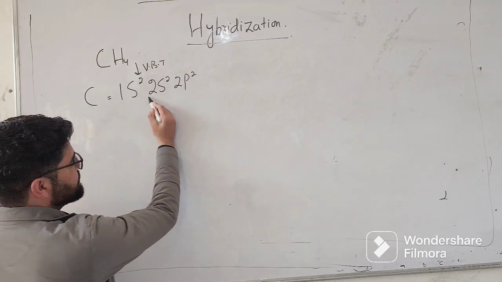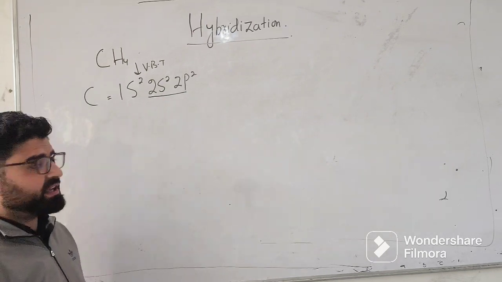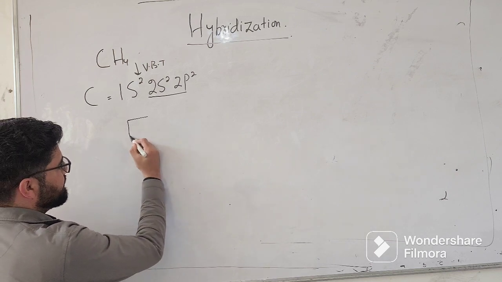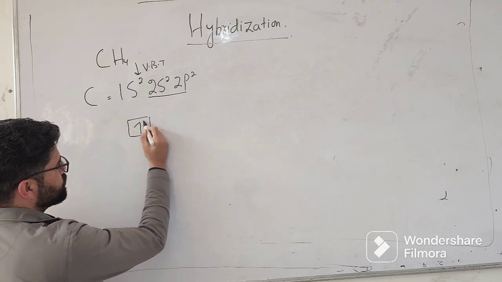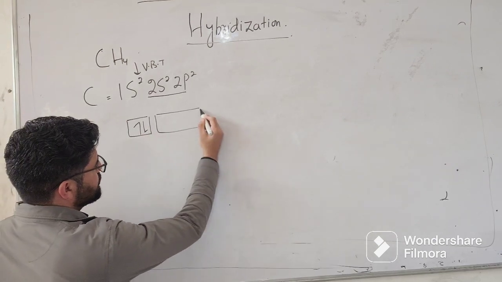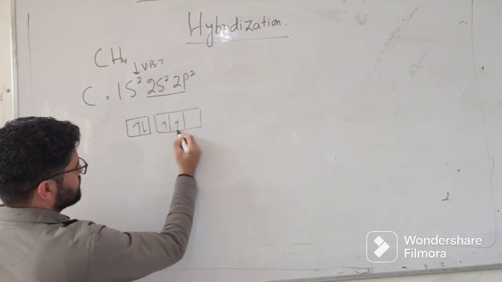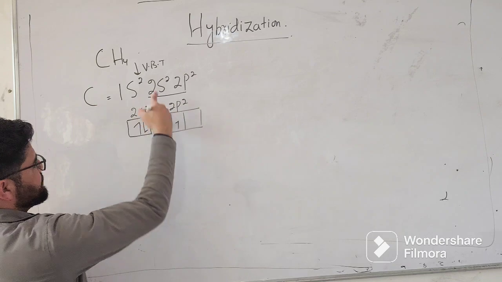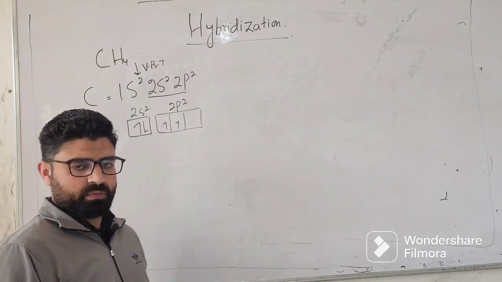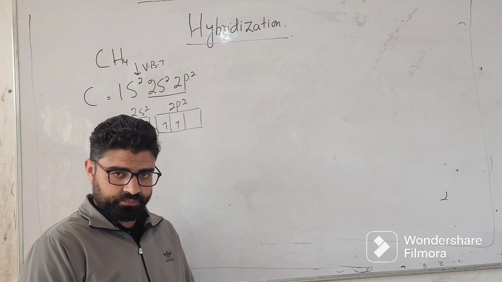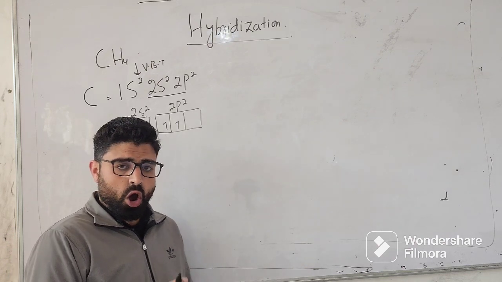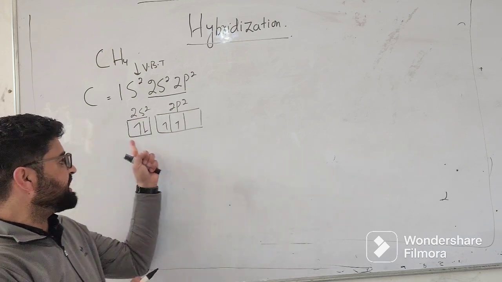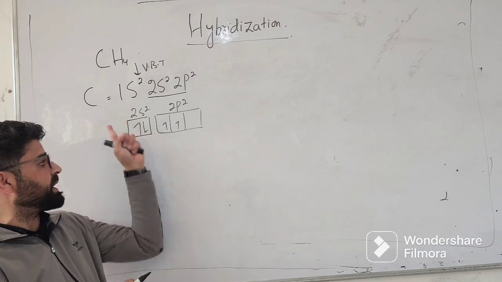The outer shell electronic configuration of carbon is 2s2, 2p2, so we will make an orbital diagram here. Because the outer shell takes part in bond formation, and according to VBT only half-filled orbitals take part in bond formation, let's check the ground state electronic configuration of carbon.